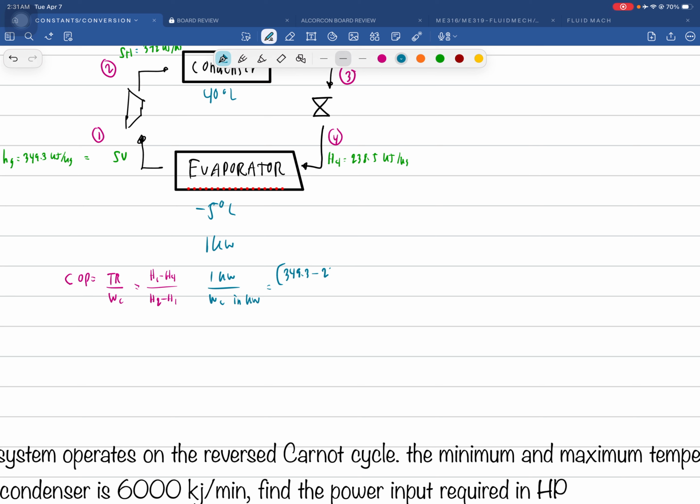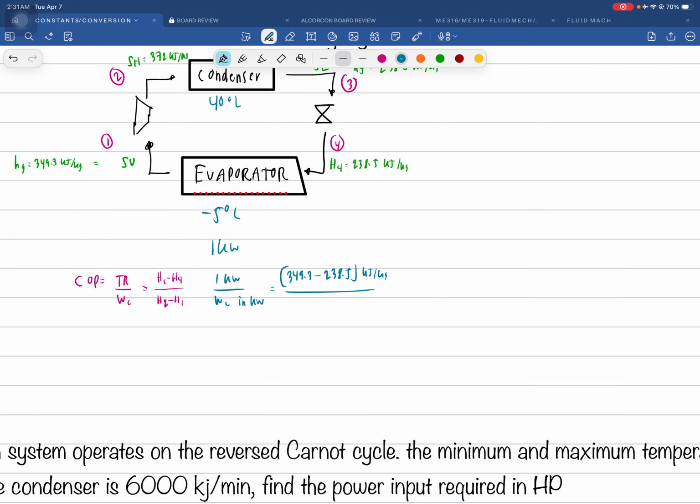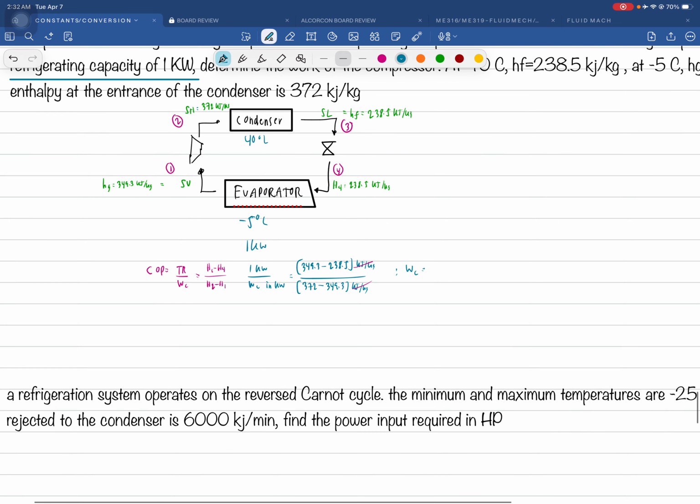So 238.5. Remember, this is kilojoules per kilogram over 372 minus 349.3 kilojoules per kilogram. Yun, no? So cancel. Remember, this is dimensionless. You can shift solve. You can find the work of the compressor.